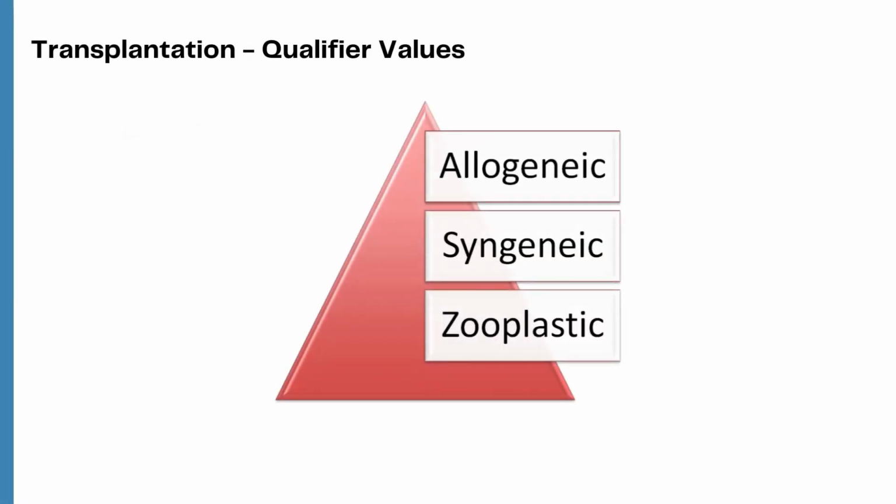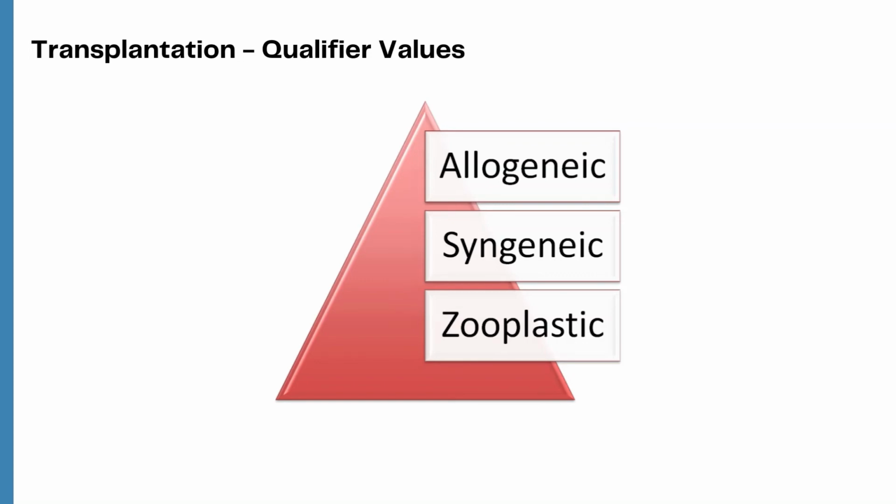Now, talking about the qualifier values, or the seventh character values, for transplantation procedures. The qualifier values specify the genetic compatibility of the body part that is being transplanted. For example, allogenic represents a body part taken from a different individual of the same species, from another human being.